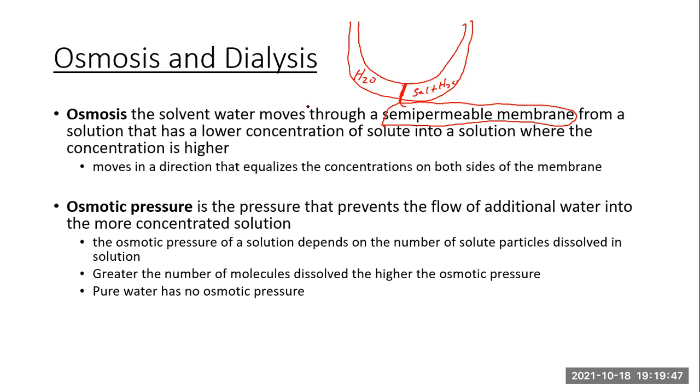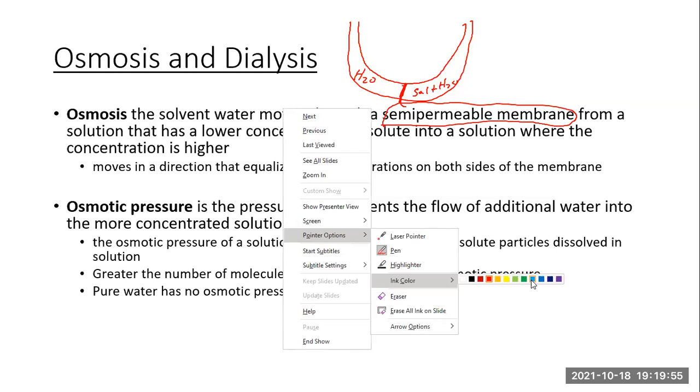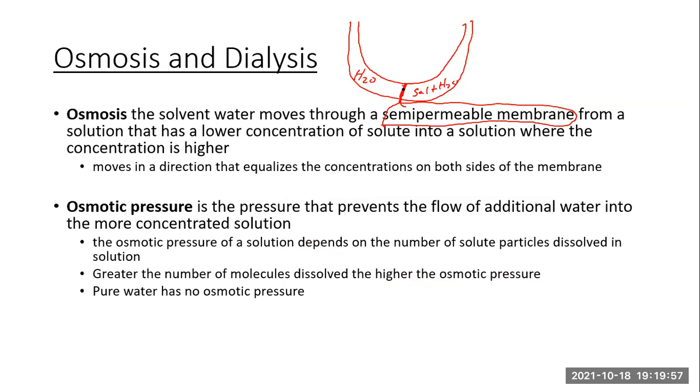So what's going to happen is the process of osmosis will occur, and the water molecules on the left-hand side of that membrane will start flowing this way in an effort to dilute down the salt water. And it will continue to flow this way until it reaches what is referred to as the osmotic pressure.